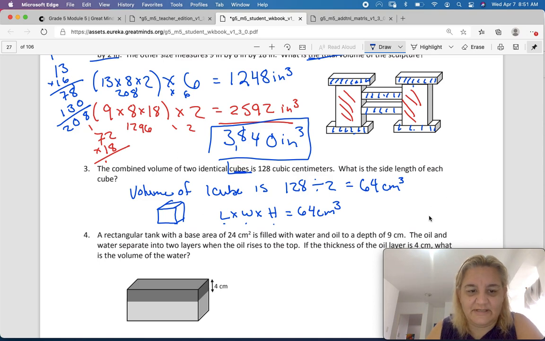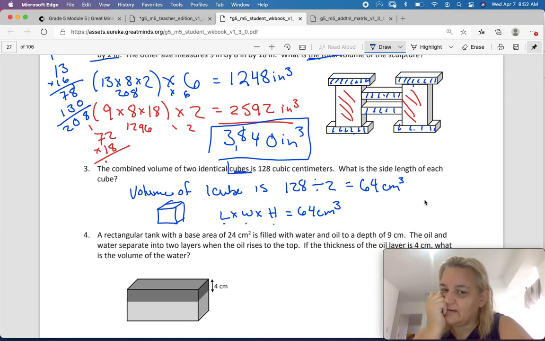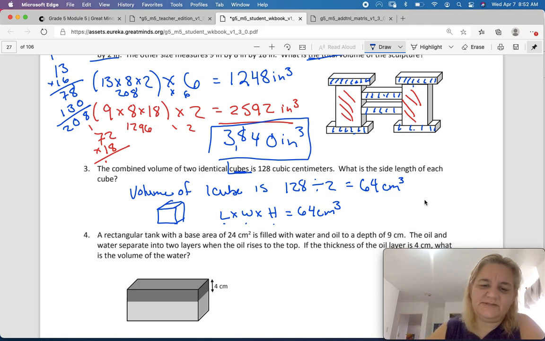Well, I'm just going to divide it by, let's see. Is that going to work? Hang on. Let's just try some stuff.